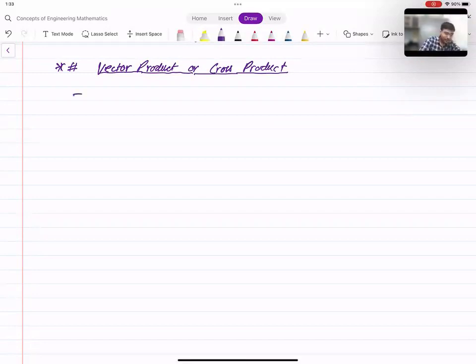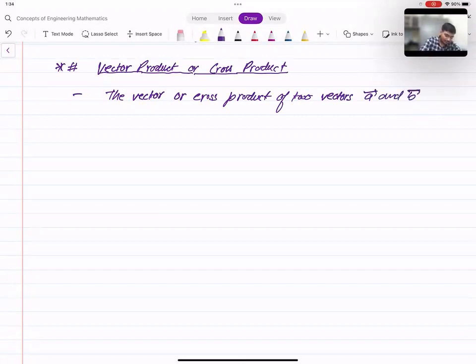Okay, so the vector or cross product of two vectors, say vector A and B, is defined as a vector such that its magnitude is, since the result is a vector, it will have magnitude as well as direction.